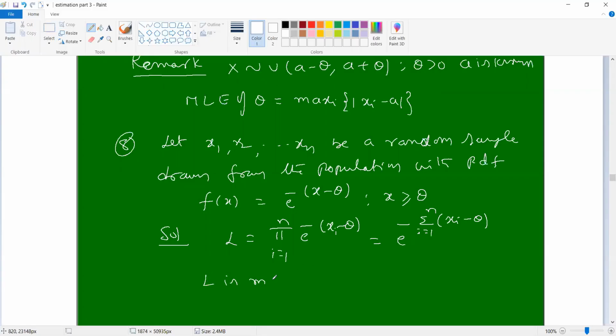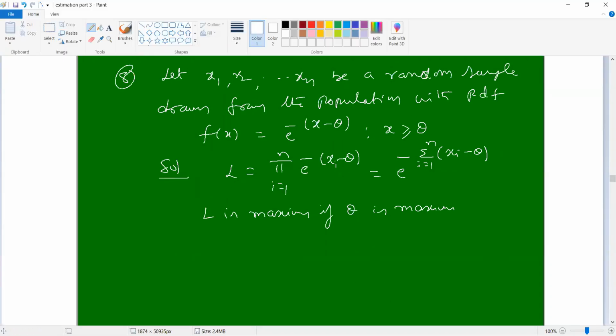L is maximum if theta is maximum. Definitely L is also maximum, since the exponential function is there.